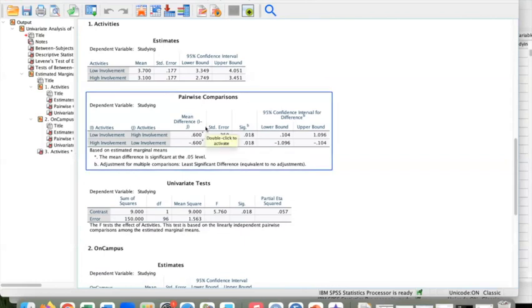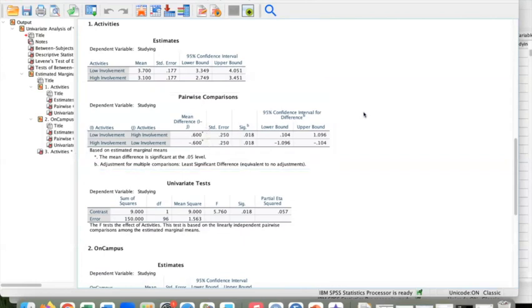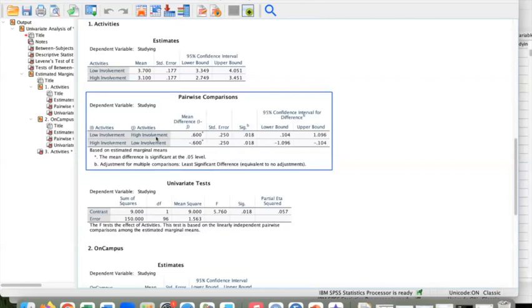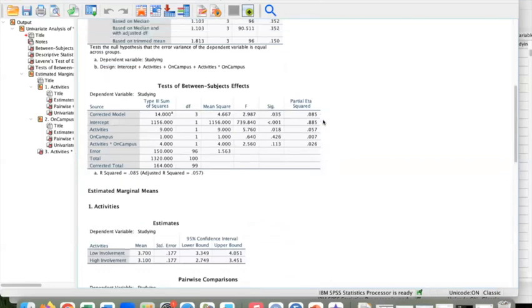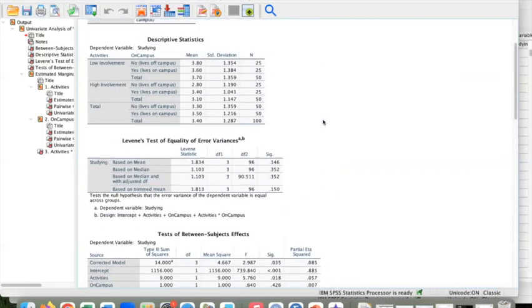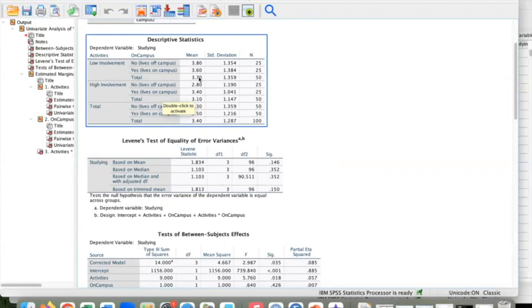Then this pairwise comparisons table tells us about the significant difference, given that it was at the 0.05 level, that again, the mean difference between these two groups is significant. And again, if we want to check for the standard deviation of everyone who was high or low involved, the low involvement mean was 3.7, the standard deviation was 1.36.